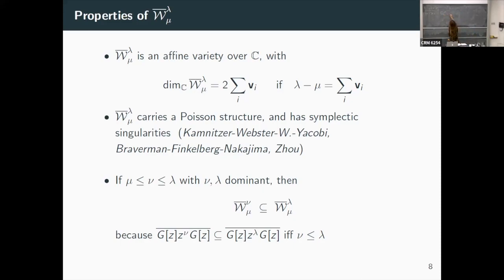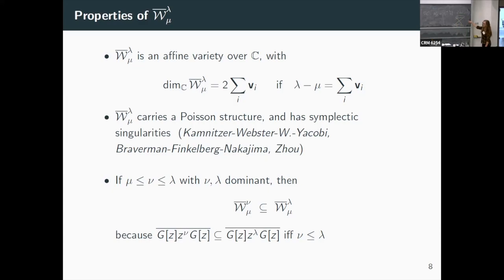Then this is exactly the nilpotent cone of SL2. So it's a special case of what I mentioned before. And just to be very clear, these are 2 by 2 matrices, complex numbers, such that the determinant is 0. Very nice variety.